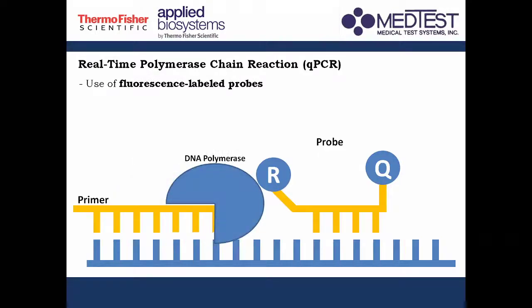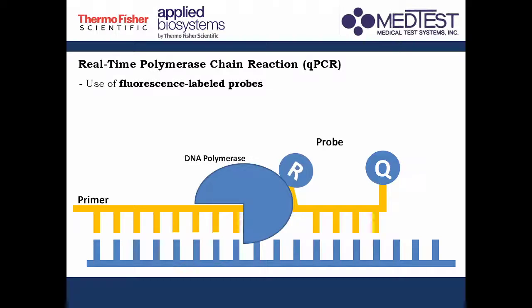As the DNA polymerase is synthesizing a new copy of your DNA, it will then encounter your probe. Now, your probe has a structure that is composed of an oligonucleotide, which is basically similar with the primers, and your fluorescence dyes.